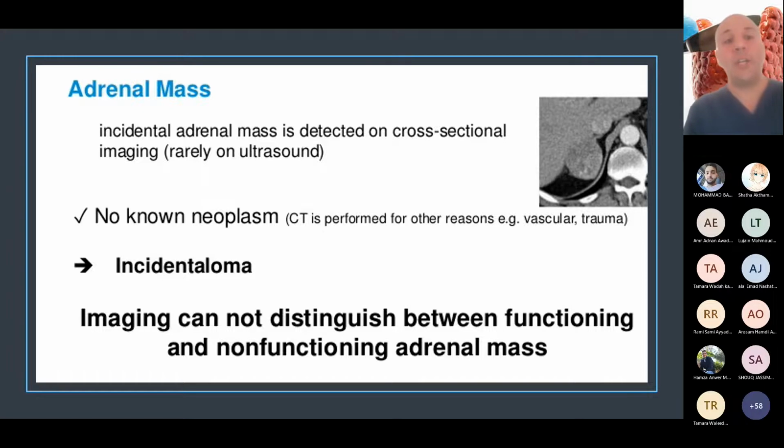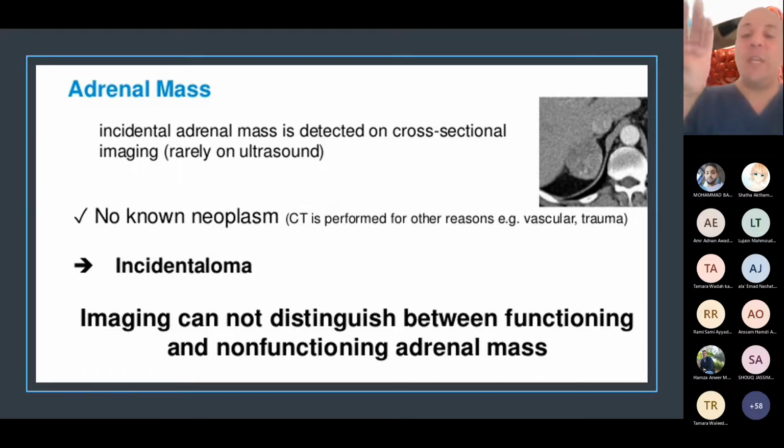A third disorder which is related to the adrenal medulla. يعني هذول ال two conditions, Cons and Cushing's, are related to the adrenal cortex. In adrenal medulla, we have catecholamine secreting cells. So the condition or the mass that may secrete catecholamines is called pheochromocytoma.